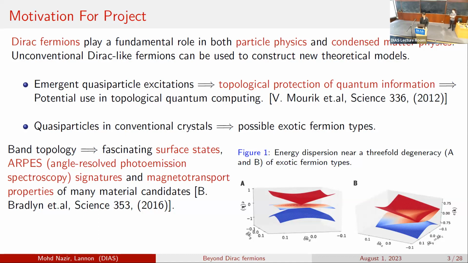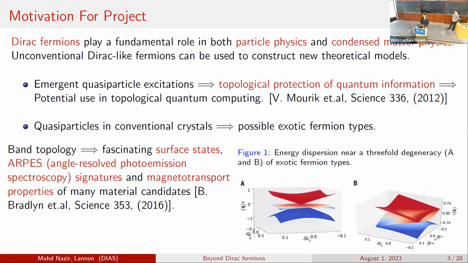Fermions in condensed matter systems are not constrained by Poincare symmetry, which is the full symmetry of special relativity, but rather they would be constrained by the crystal symmetries of the 230 space groups of the three-dimensional lattices, which imposes less restriction on the variety that these emergent quasi-particle fermion types can actually be. So they can lie outside of the three classifications of the fermion types in quantum field theory.